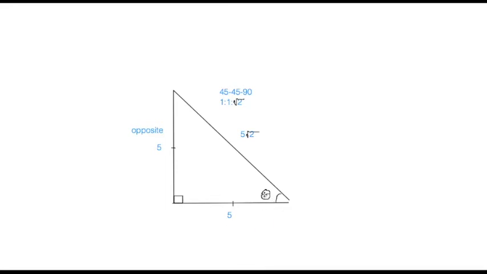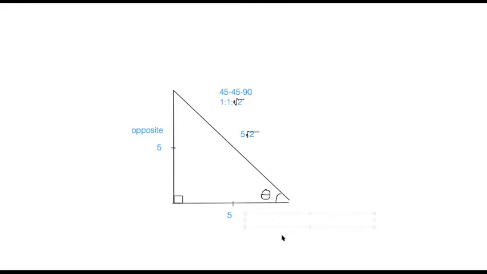So this is opposite. We travel, oops, took the line out of my theta and made it a zigzag line. We'll put that back in so it doesn't look like an O. But the side that's connected to that angle, so it shares one of the sides of the angles, that's going to be the adjacent side.